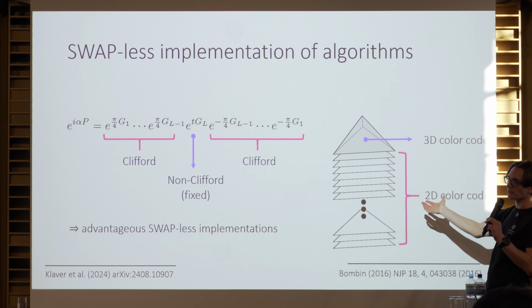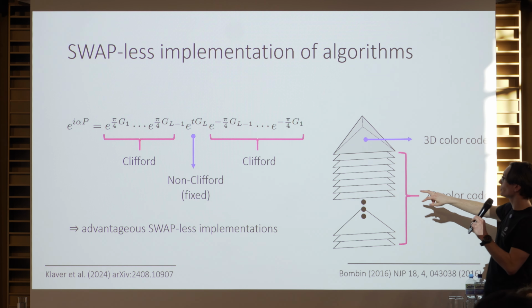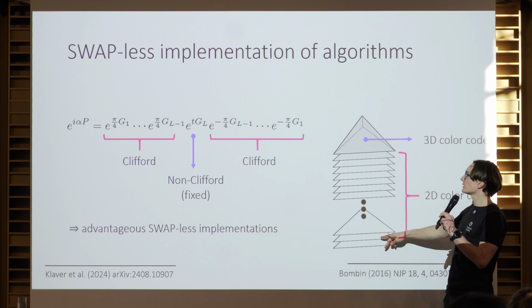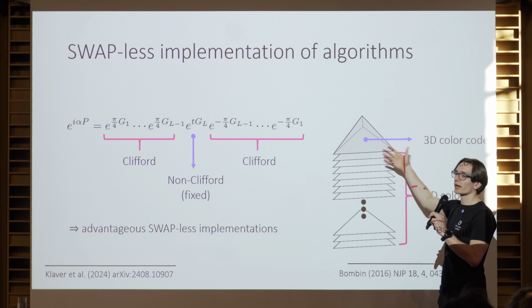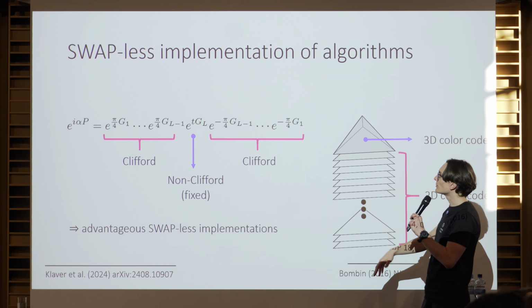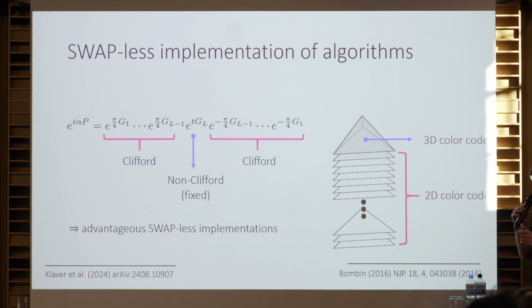So the whole thing is still 3D. In this paper, he shows that you can always swap information around, and in this way you can be universal. But I can now say even better, you can actually do it in a swapless way. And this might offer actual advantages.